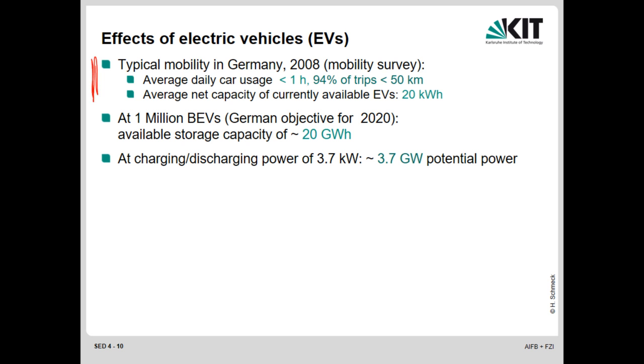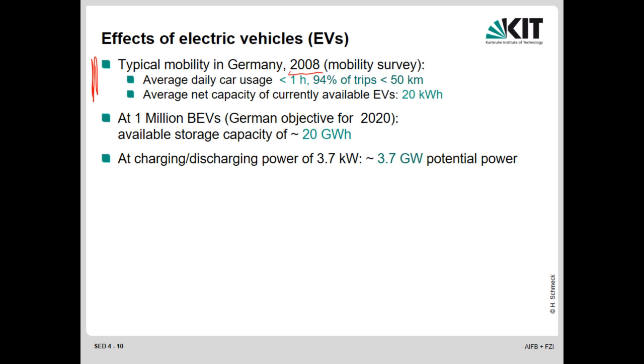And what we see here is that if you look at the typical mobility of people, it's stated for the year 2008, but this does not change very much. It shows that the average daily car usage of a typical privately owned car is less than 1 hour.